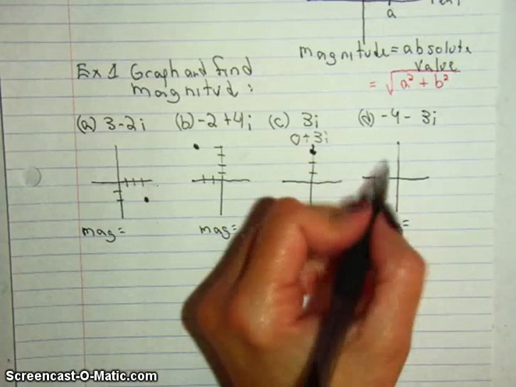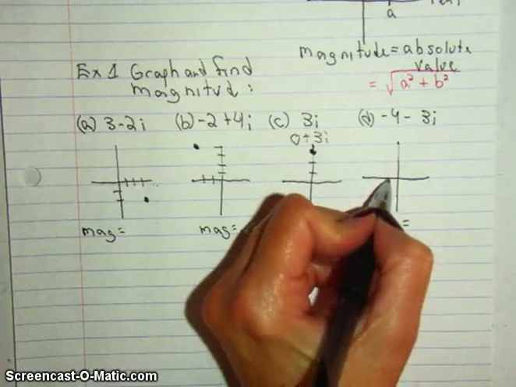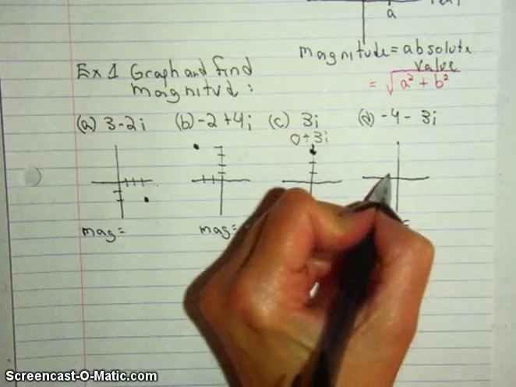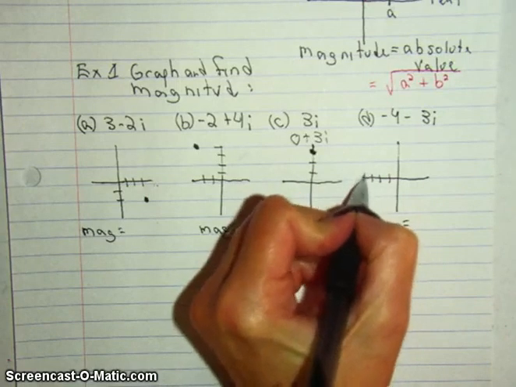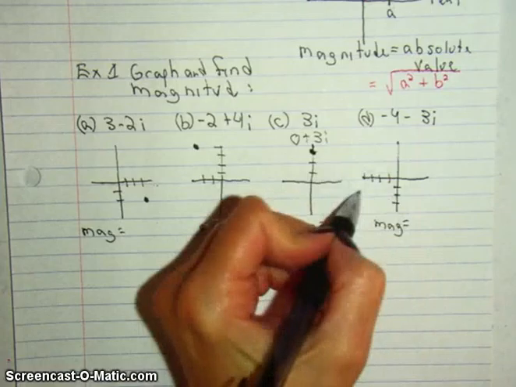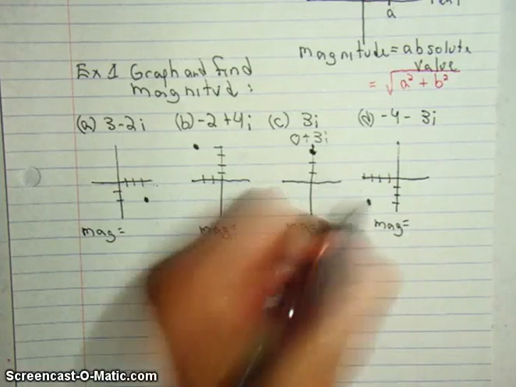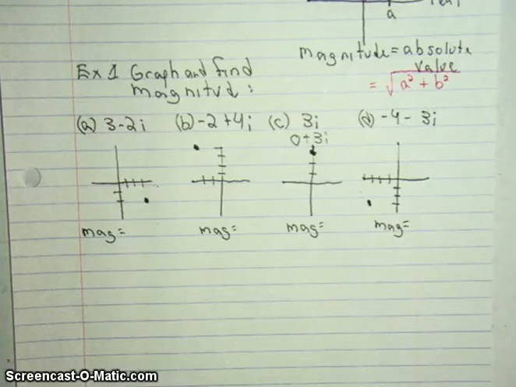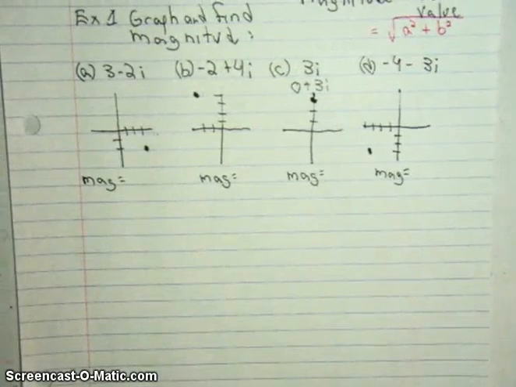You go down 4 in the imaginary one. Mm-hmm. And then left 4. Good. So you have negative 4, negative 3, right about there. Excellent.